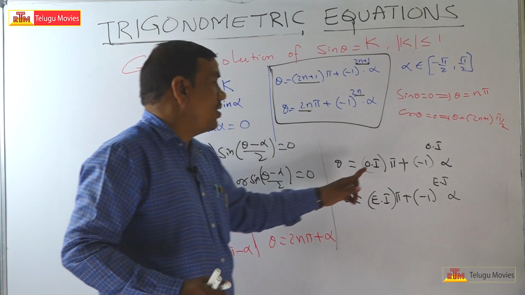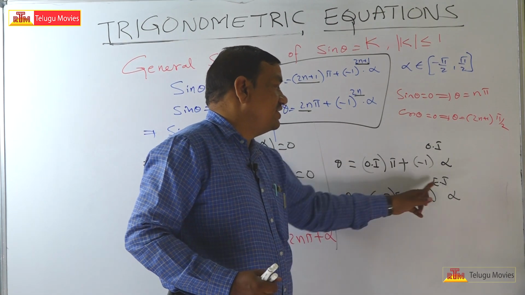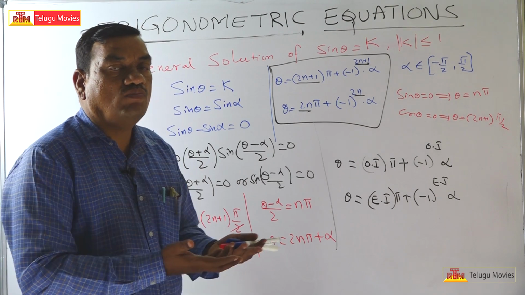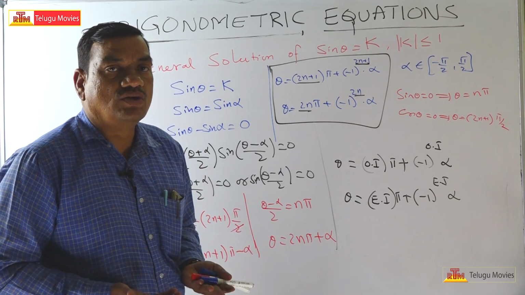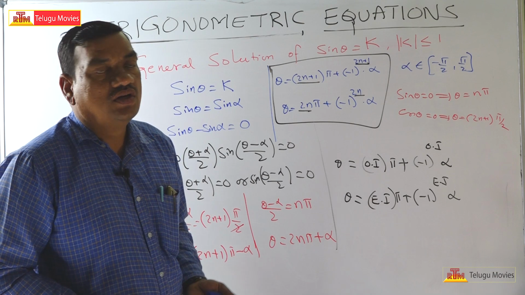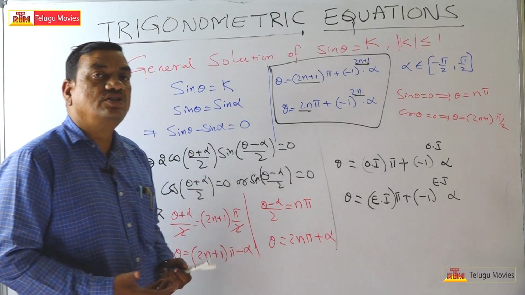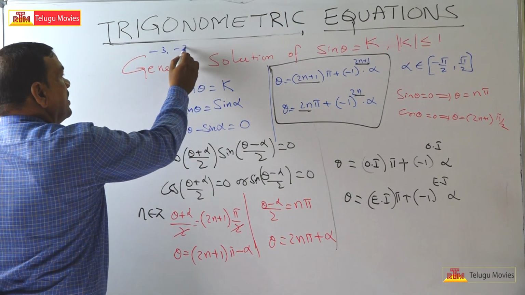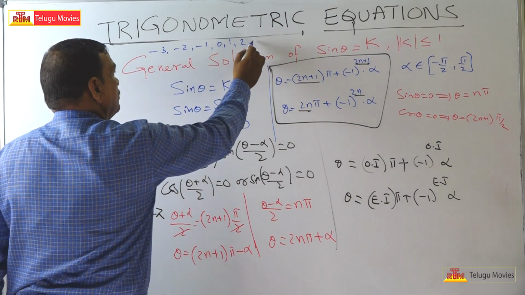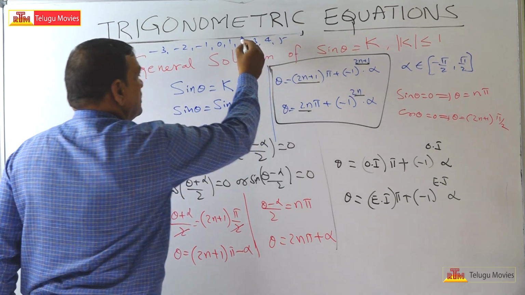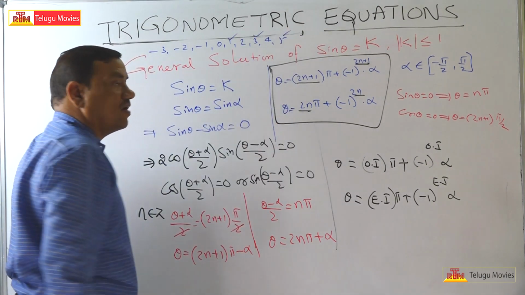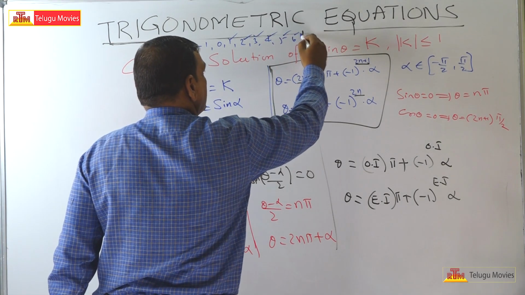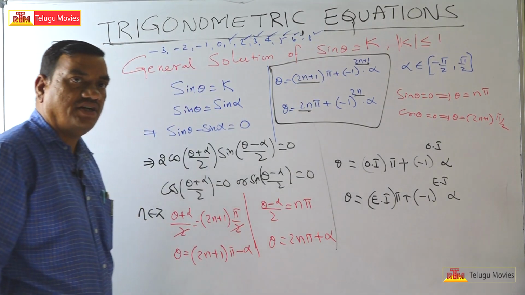See here, odd integer, even integer. Odd integer plus even integer, both together we call a combined solution. It is an integer. For integers, what are the integers? Minus 3, minus 2, minus 1, 0, 1, 2, 3, 4, 5, and so on. These 1, 3, 5 are called odd integers. 2, 4, 6, 8 are called even integers.